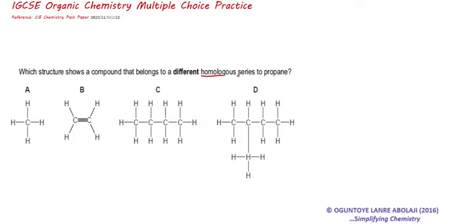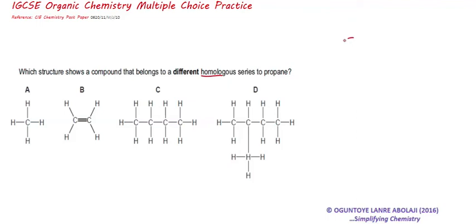So a homologous series is a family of organic compounds having the same general method of preparation and the same general molecular formula, but each successive molecule in the series differs by CH2.